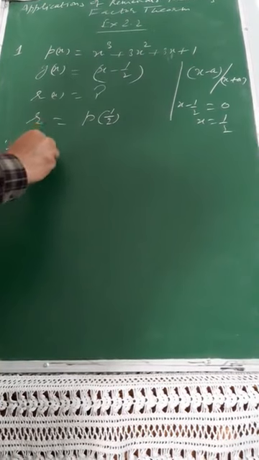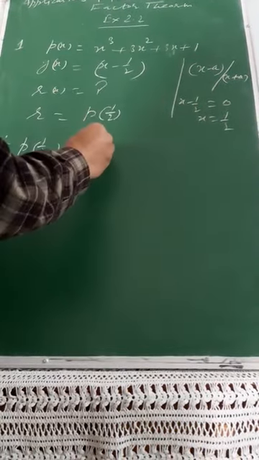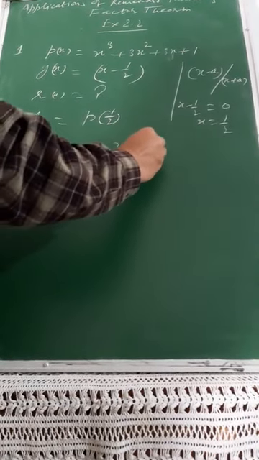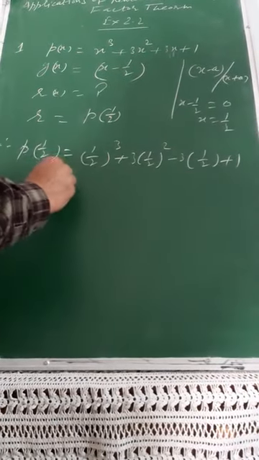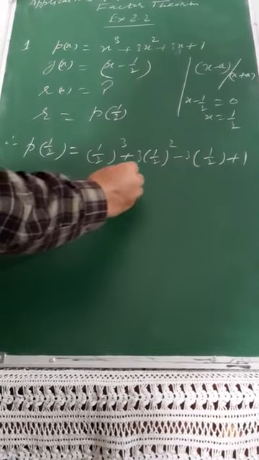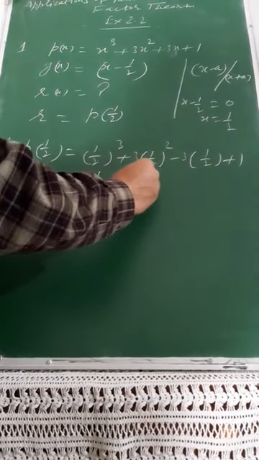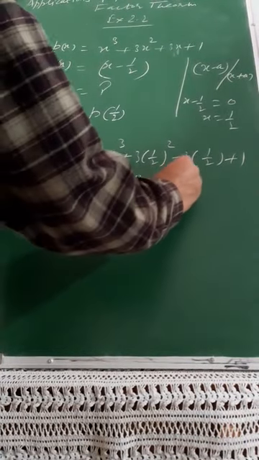So p(1 by 2) will be, wherever x is there, you replace it by 1 by 2: (1 by 2) cube plus 3 into (1 by 2) square plus 3 into 1 by 2 plus 1. So you see here it is 1 upon 8 plus, since 2 square is 4, 3 upon 4 minus 3 upon 2 plus 1.